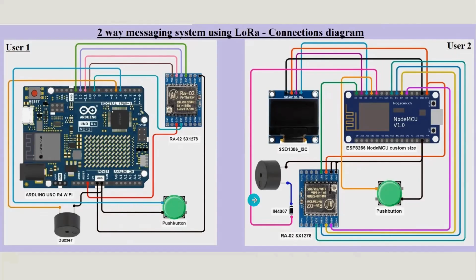And the buzzer is for the notification sound. Here, towards the right side for the Node MCU, as we don't have a display, we use a 0.96-inch SSD1306 I2C enabled display in order to view the IP address. So that's it, the connections diagram.